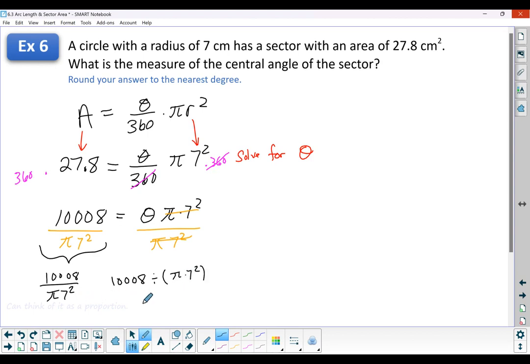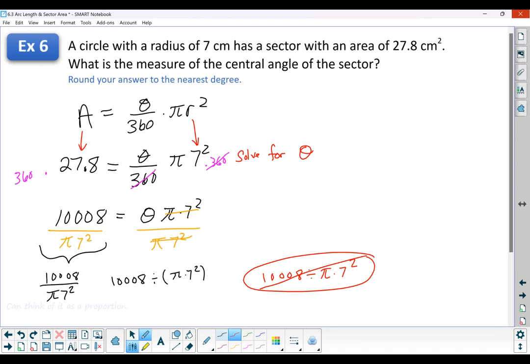Both of those are fine. If you type it in like this, that's going to give you the wrong answer. The calculator is not going to process it the way you want it to. It's going to divide by pi and then times it by 7. So just be careful how you type it into your calculator.